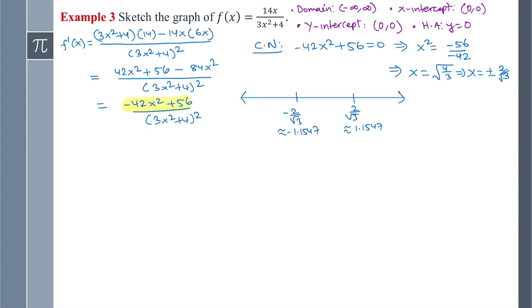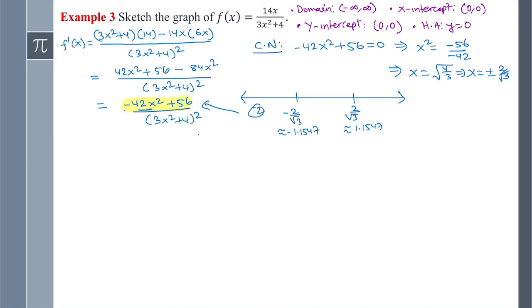We'll take negative 2 and put it into our first derivative. That's how we do the sign test in order to figure out the intervals where the function is increasing and decreasing, and it also helps us determine the local max and local min. If we take negative 2 and put it into our first derivative, negative 2 squared is positive 4 times 42, so we get a number greater than 56, but it's negative.